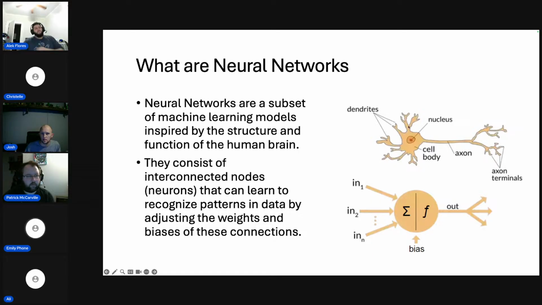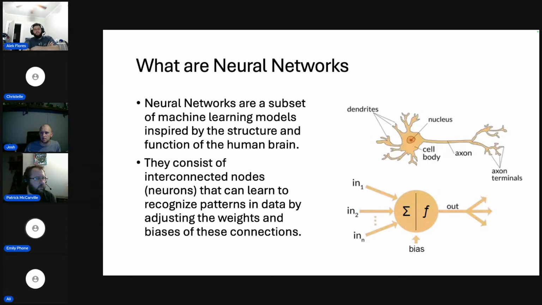But in reality, our brain is probably much more complex in the interactions that are happening biologically here. Neural networks are probably a very gross oversimplification. So they're not really like the human brain. That's the emphasis I want to put here.